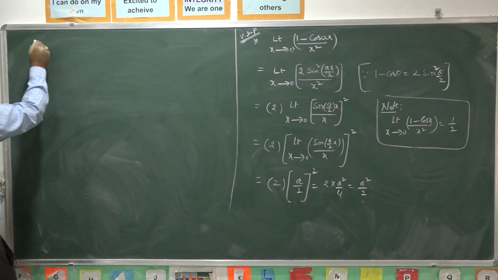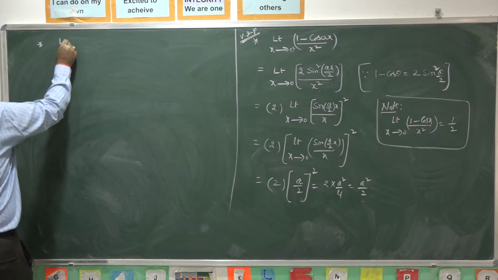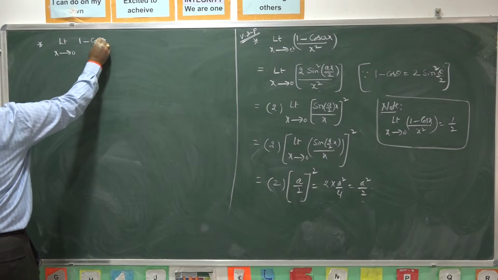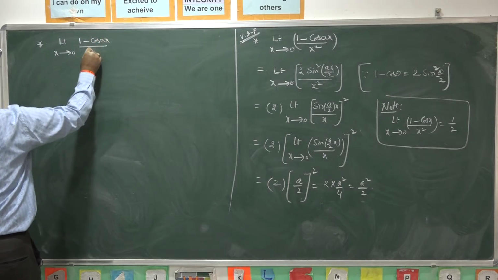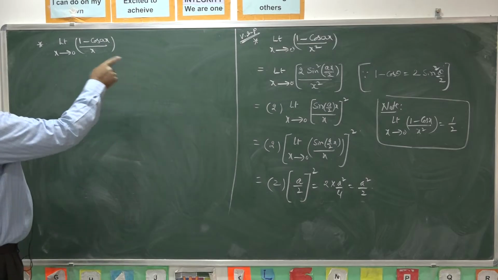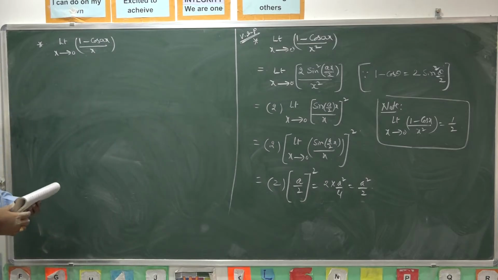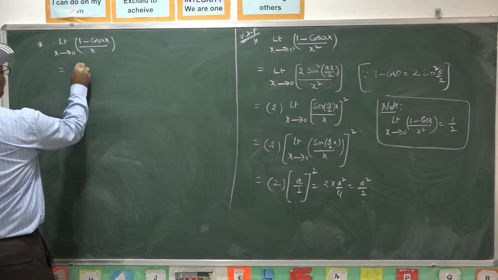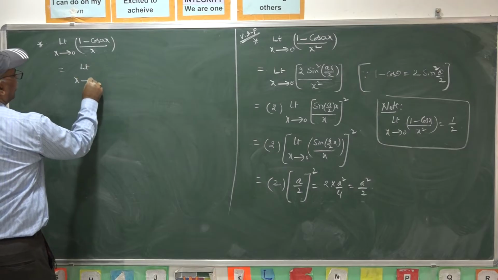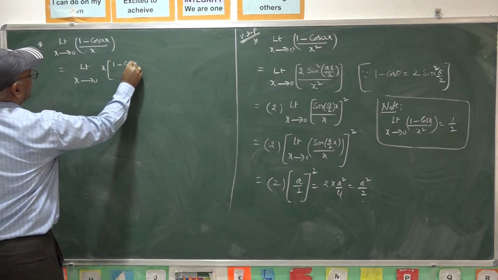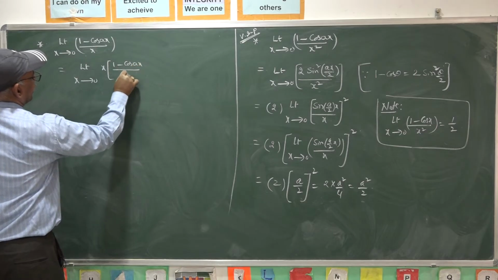Coming to the other formula, limit as x goes to 0, 1 minus cos ax by x instead of x square. If we have only x in the denominator, that is clearly 0, because it may be written as x into 1 minus cos ax by x square.